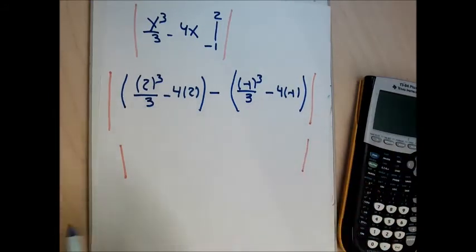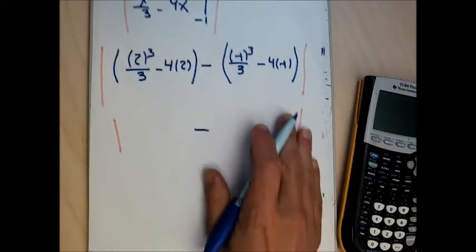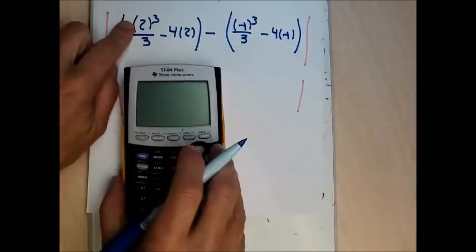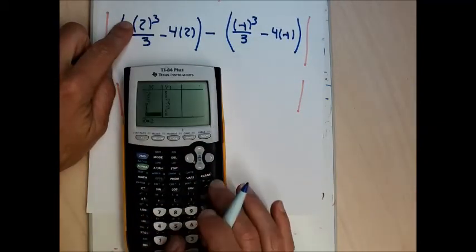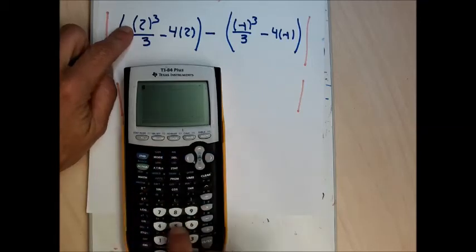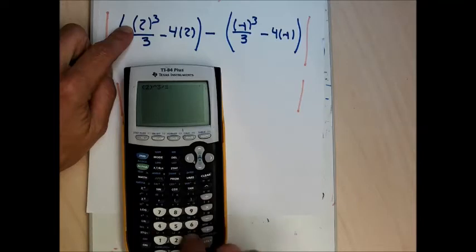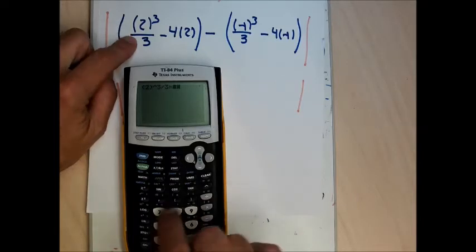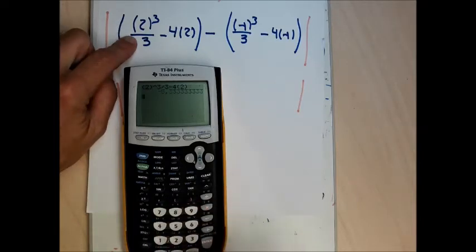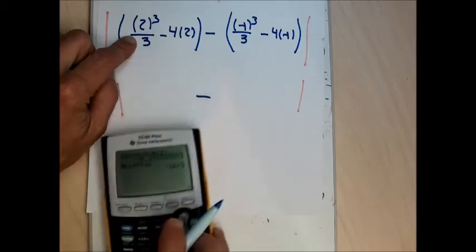Now I'm going to use my calculator because I'm tired and I don't want to do these by hand and make another mistake. So this first parentheses is going to be parentheses 2 up arrow cubed divided by 3 minus 4 parentheses 2. And I go math, enter, enter. That's -16/3.